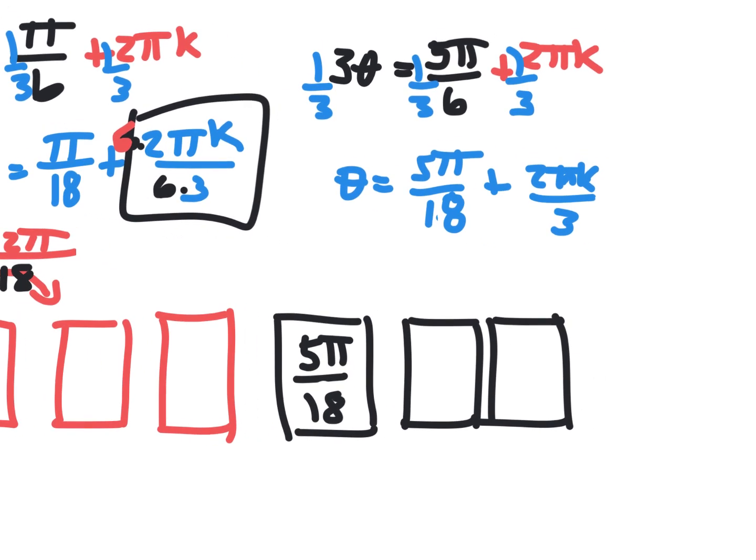And don't have to reinvent the wheel here. It's going to be the exact same thing. So you're going to add 12 pi k over 18.